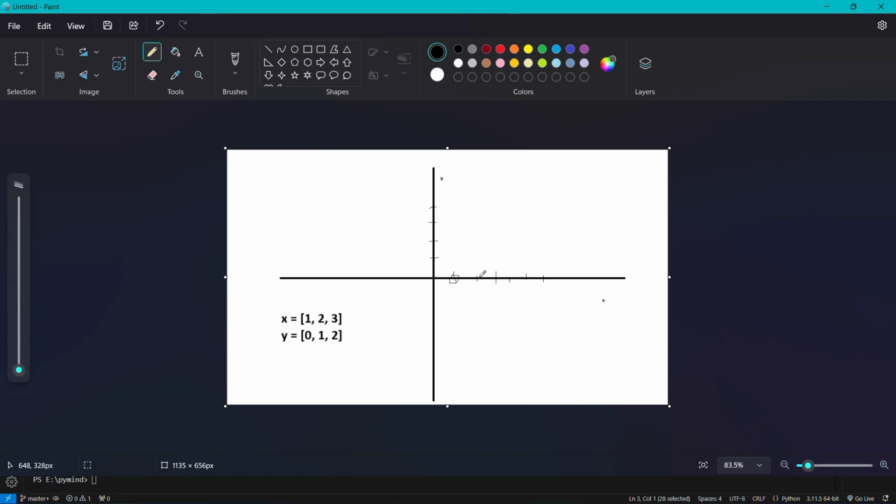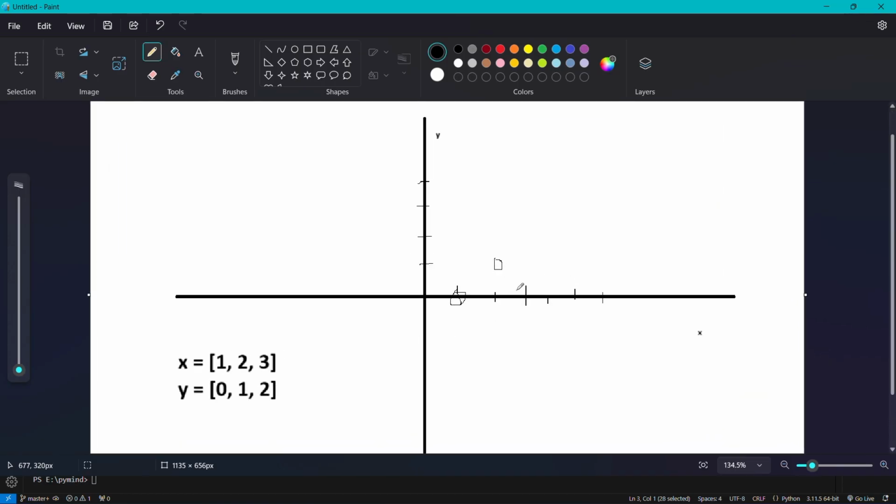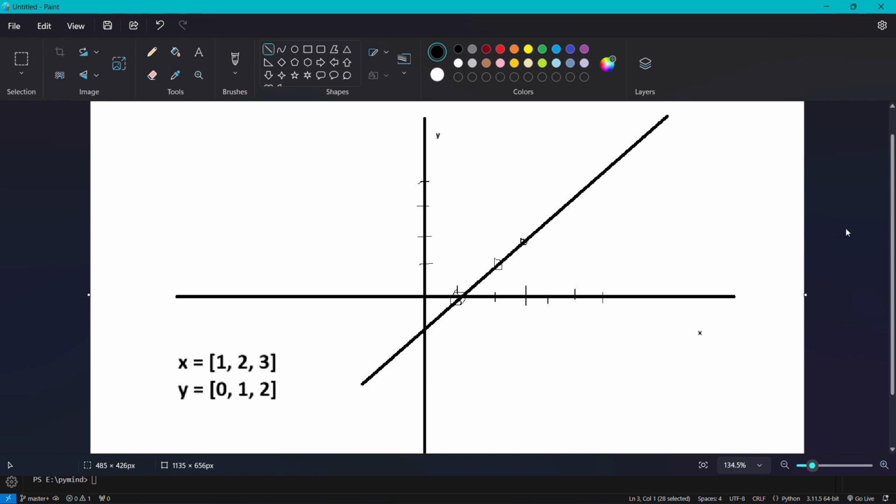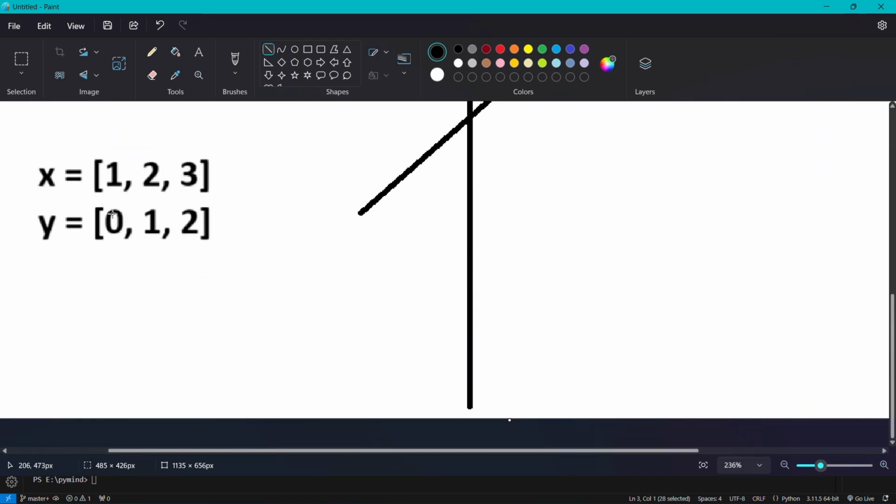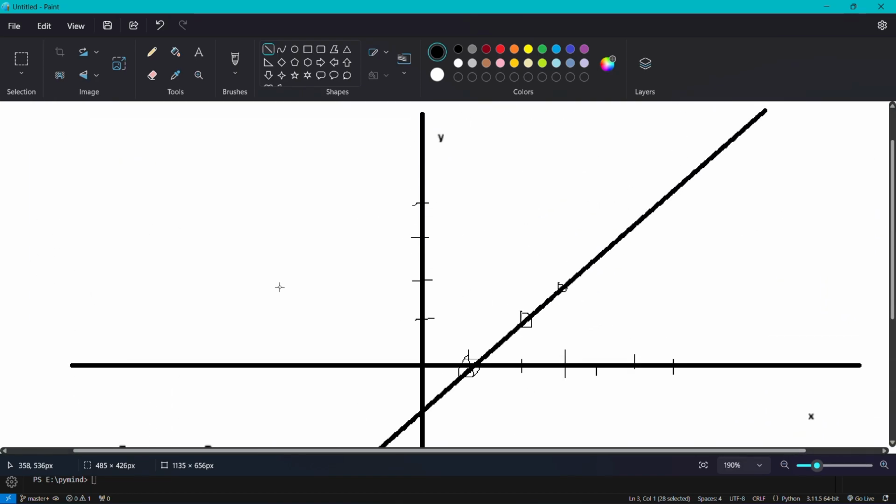Then if x is 2, y is 1, then this is our line. Then if x is 3, then our y is 2, then this one. So from this, 3 points are enough to tell us that it is in this form. So this is our graph for x equals to this.